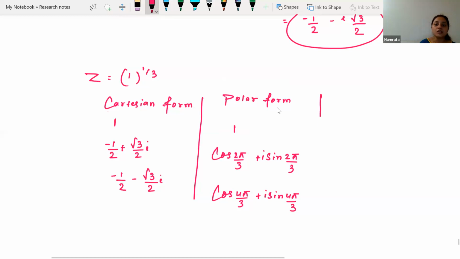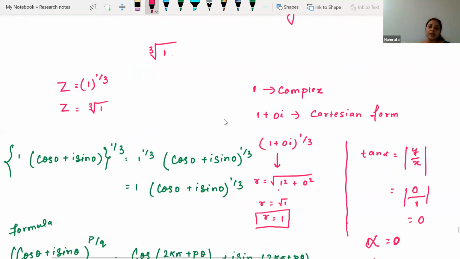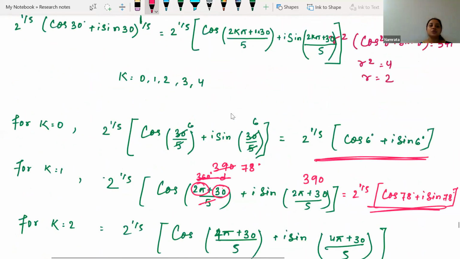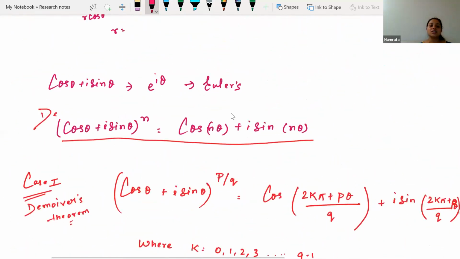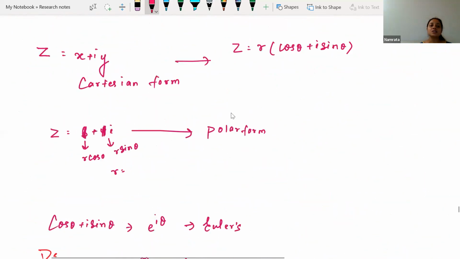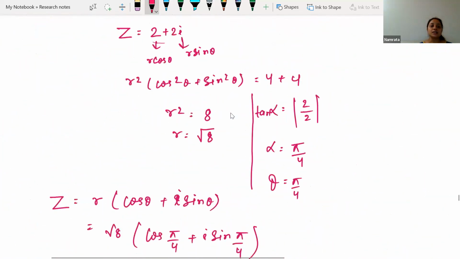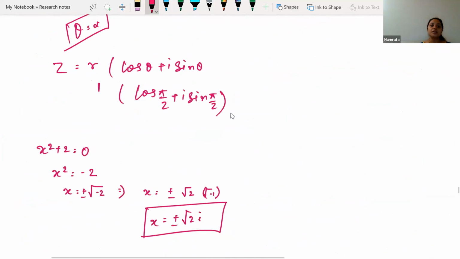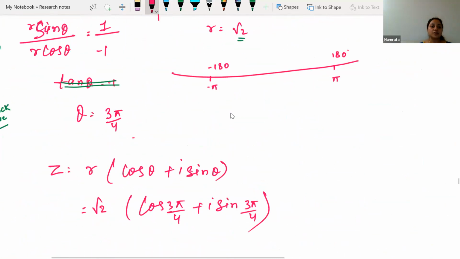Now in Euler's form, how can we write it? If we go back and check Euler's form, let me show you. We have already discussed the concept of Euler's form, which says cos theta plus I sin theta can be written as e to the power I theta.